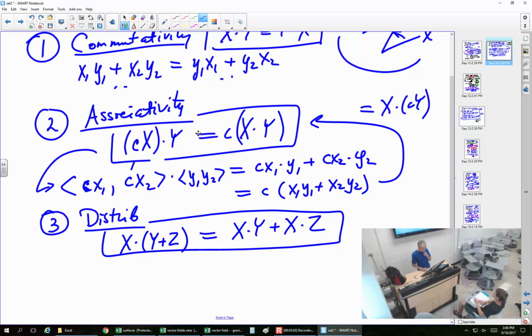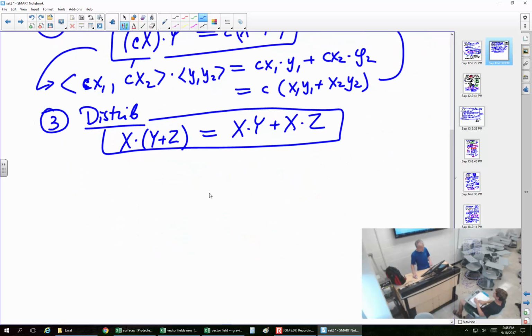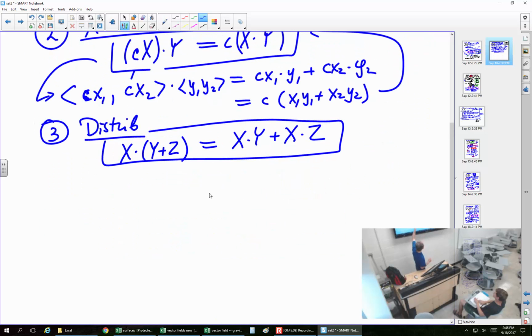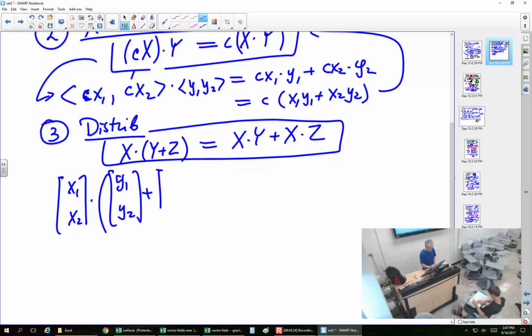Now let me try to do it this time. Remember, the alternative notation for vectors is as columns rather than rows. Those are rows, so let me do columns for a change. I have x with components x1, x2, that's x. I take the dot product with the vector (y1, y2) plus (z1, z2).